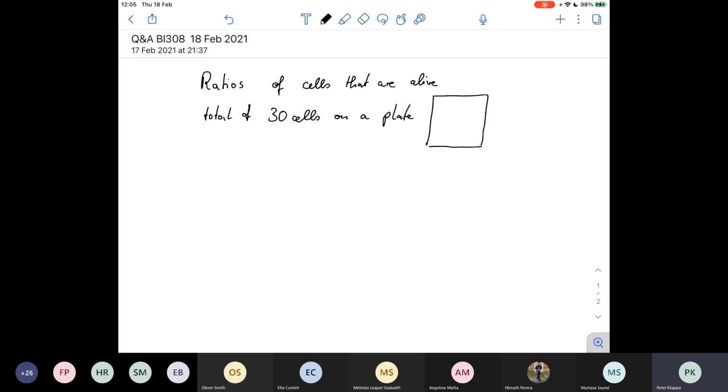That's the total. Okay. So we have got 30 cells on the plate, and let's say 10 of these cells are alive.